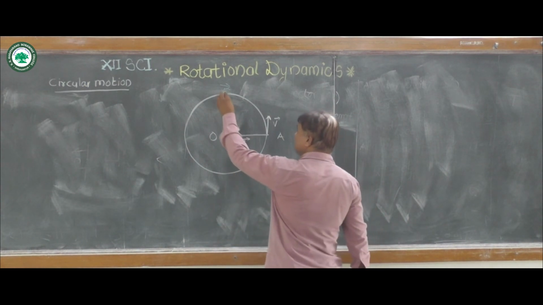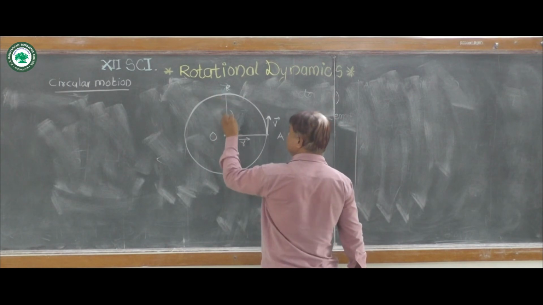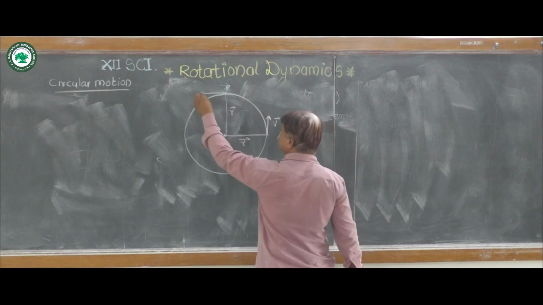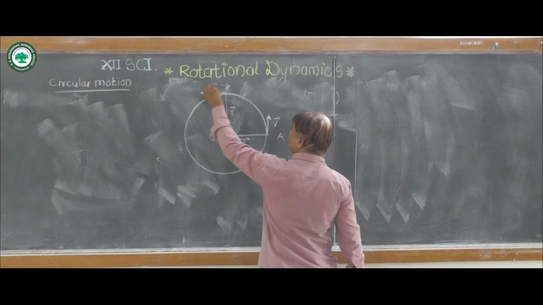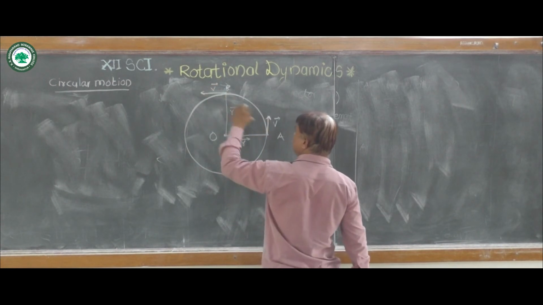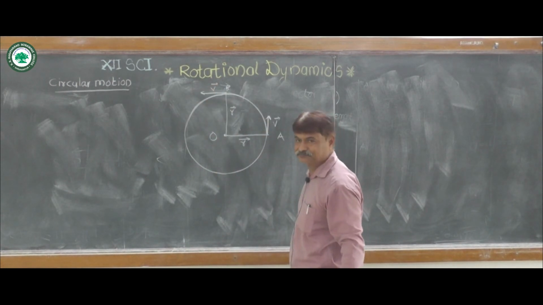If we consider another position, say B, on the circumference, then the radius vector and linear velocity are perpendicular to each other, but the magnitude of both velocities is the same.